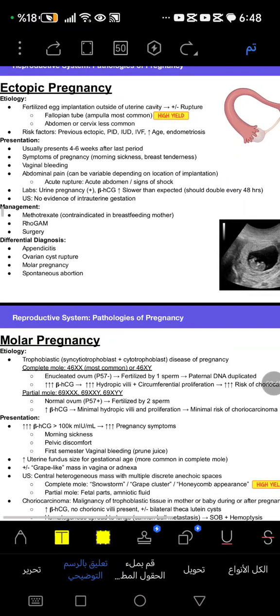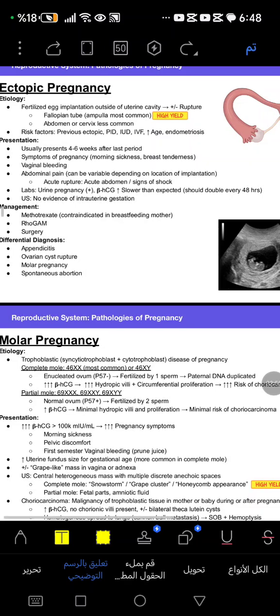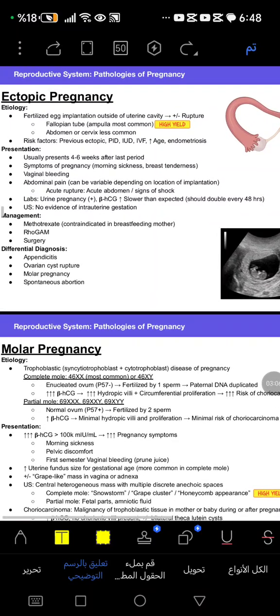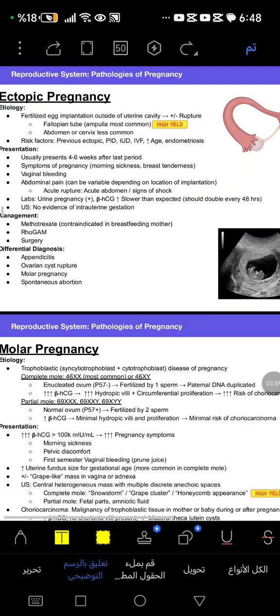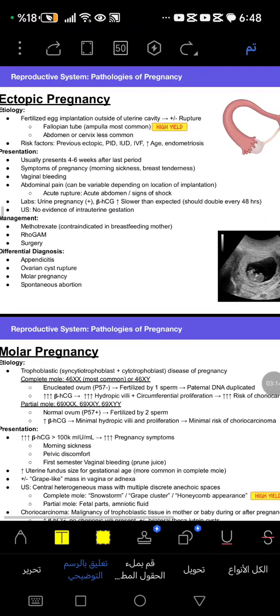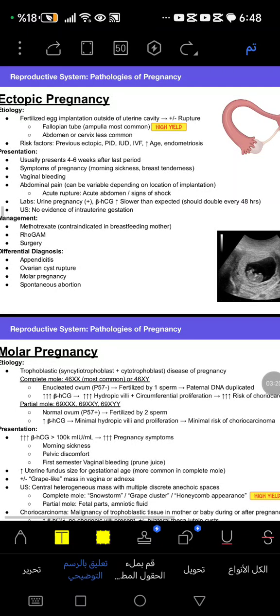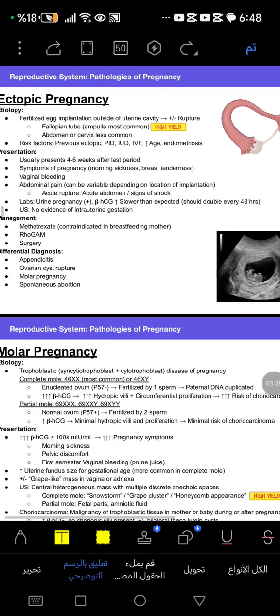Due to some risk factors, such as a history of ectopic pregnancy and pelvic inflammatory disease, which may be caused by sexually transmitted diseases such as gonorrhea and others, or an IUD, intrauterine device, which prevents the embryo from implanting into the endometrium. That leads to ectopic pregnancy. Also IVF, in vitro fertilization, age, and endometriosis, which we have a separate lecture about.